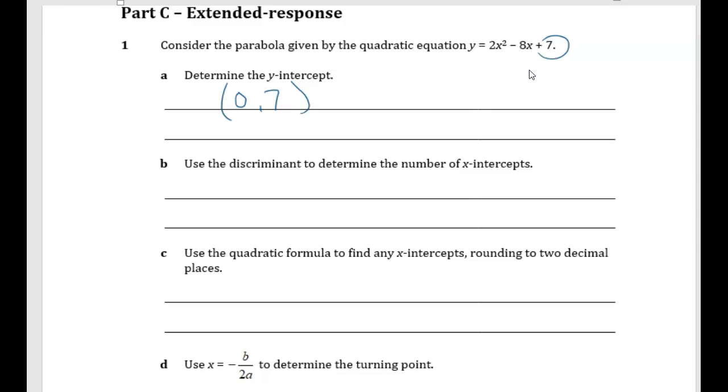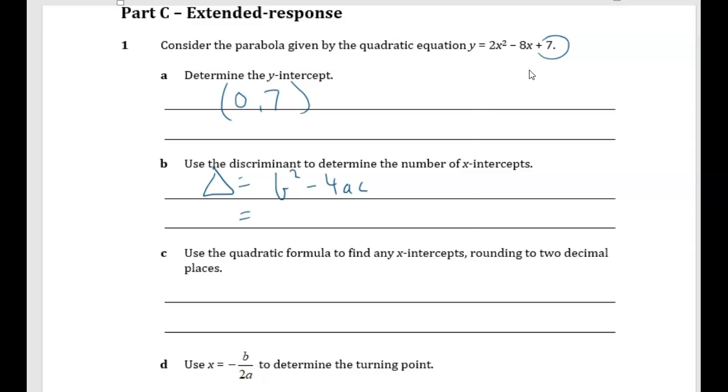Use a discriminant to determine the number of x-intercepts. So remember your discriminant, which we write as triangle or delta. We've got, oh gosh, b squared minus 4ac. So in your quadratic formula, that's just what is under the square root sign.